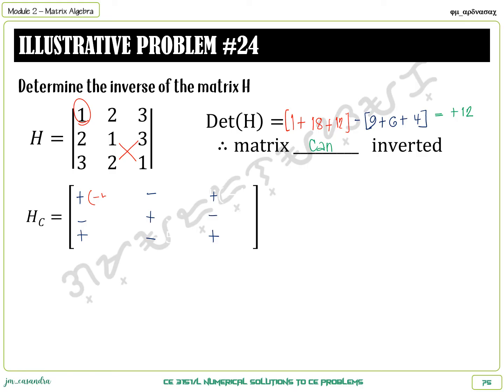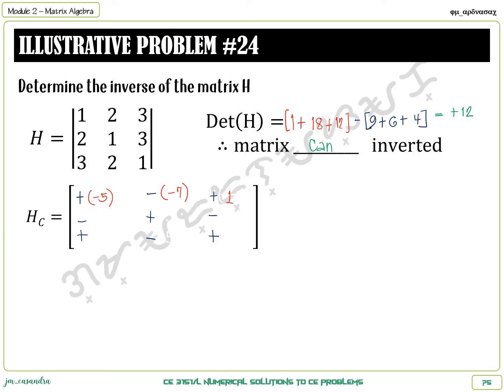That is negative 5. Next, we have element 1, 2. So that is 2 times 1 minus 3 times 3. So that is negative 7. Next, we have 1, 3. So that is 2 times 2 minus 3. That is equal to positive 1.